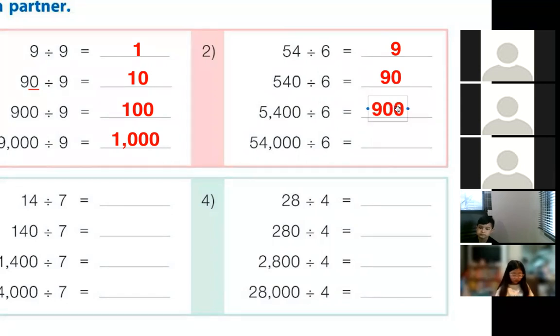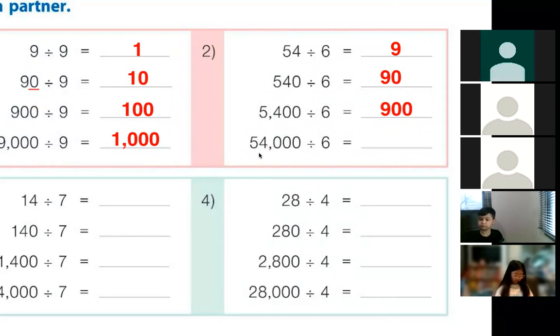Okay, next, one more, Andaman. 9,000. Andaman, faster, read one more. 5,400. No, the next one, Andaman.